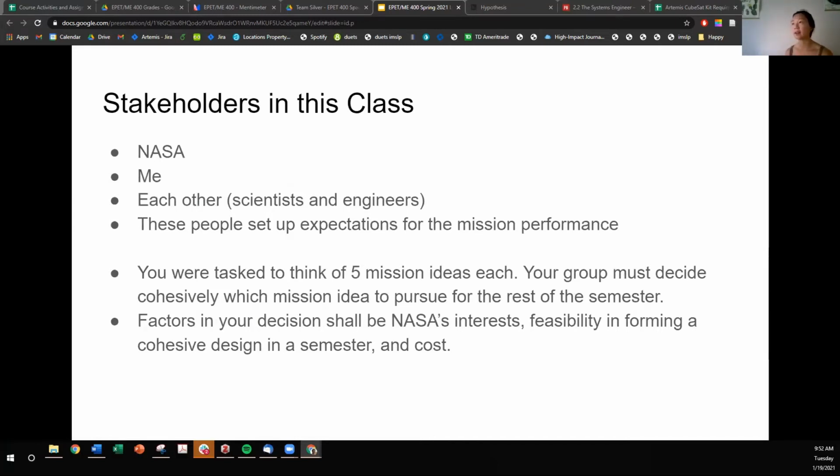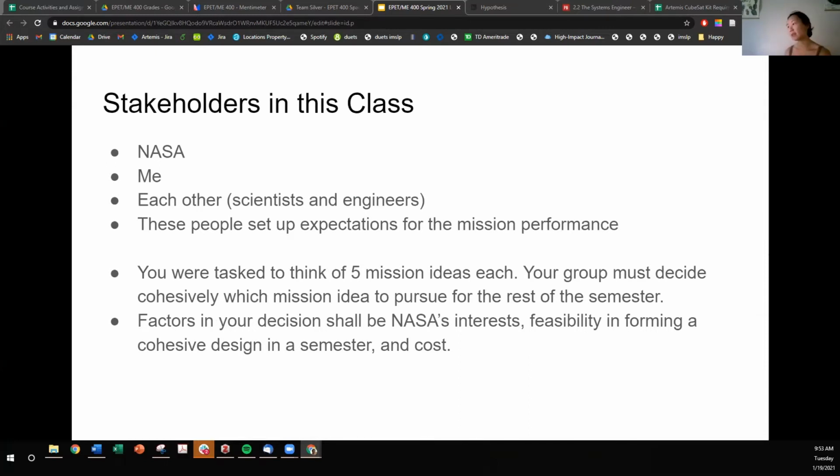That was because I want those priorities to significantly inform the type of mission that you're going to carry out. You want to be able to do something that NASA feels is worth funding, especially if we're going to apply for NASA's DSLI. So these stakeholders are the people who are going to set up expectations for the mission performance.